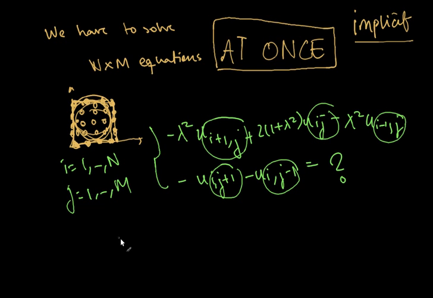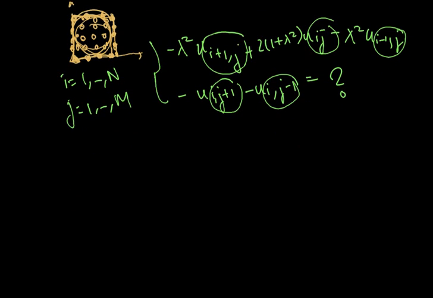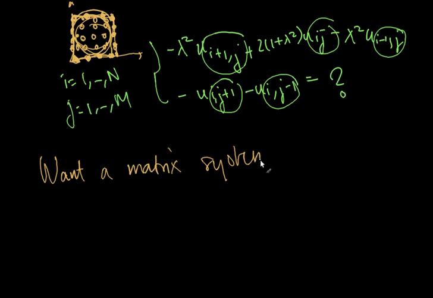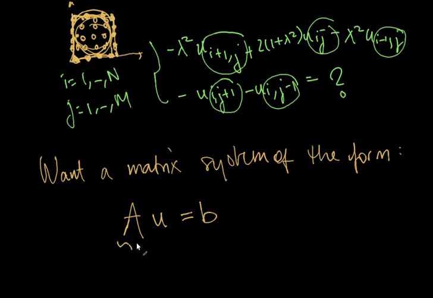Now, if we want to solve n times m equations at once, we have to have a matrix system that allows for n times m equations. So what we want is a matrix system of the form A times U equals B, where A is an nm times nm matrix.